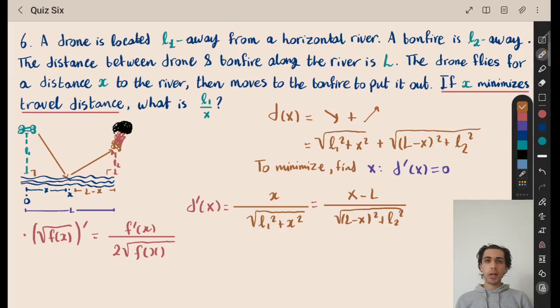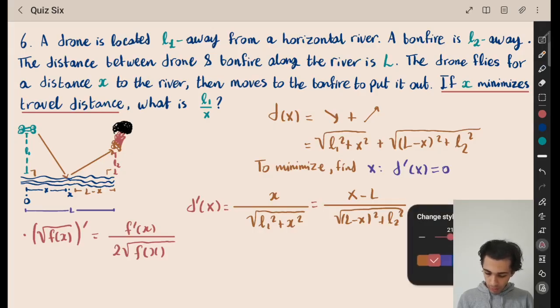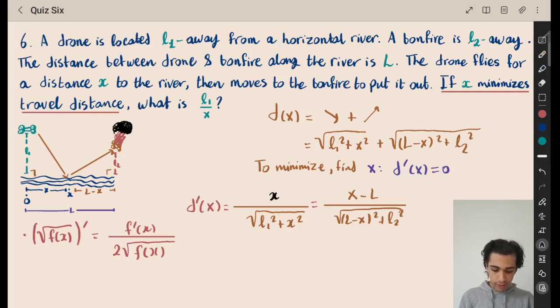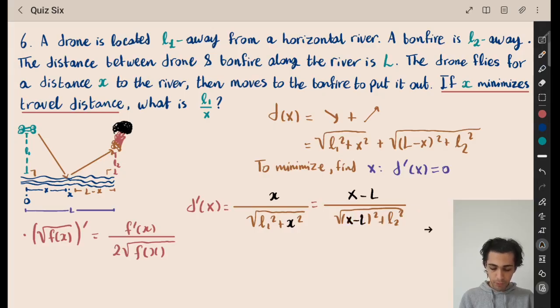And then this is very nice, because I want you to notice this very specific detail. Maybe I will use black. So x and x squared. Then we have x minus L, x minus L squared.